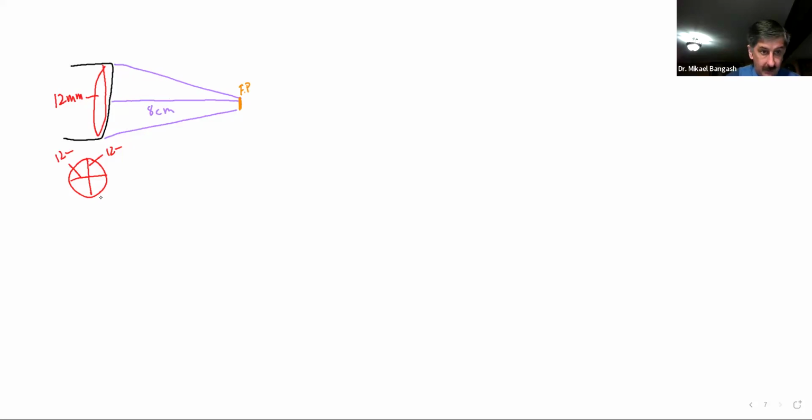After which we have the far zone. And then you see a little distance here, which is 4 centimeters. So that is our sound beam.